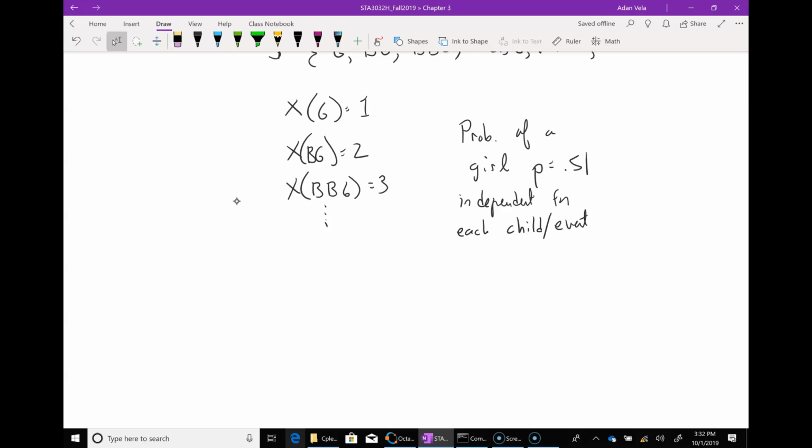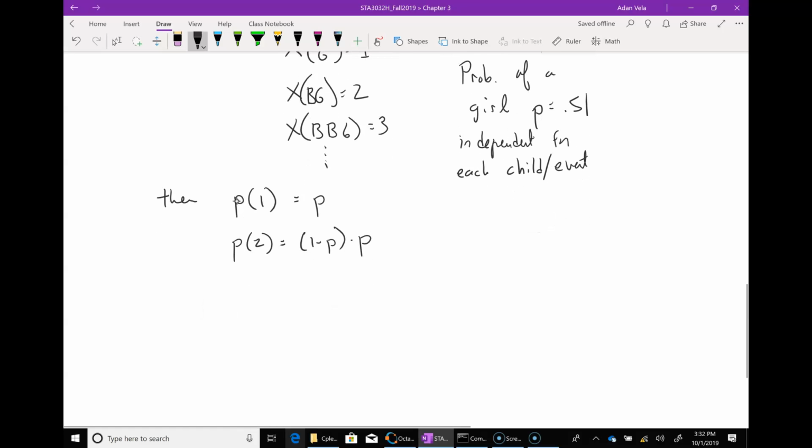Okay. So we can start calculating the probability of all these events. I can calculate the probability of just having a girl right away. It's given by P. What's the probability of having a girl after a boy? It's 1 minus P followed by P. We can do the same thing for 3.